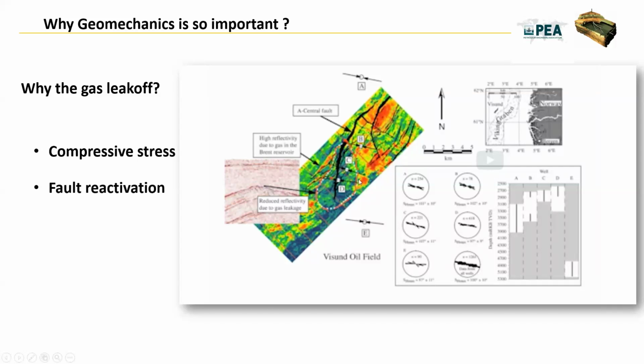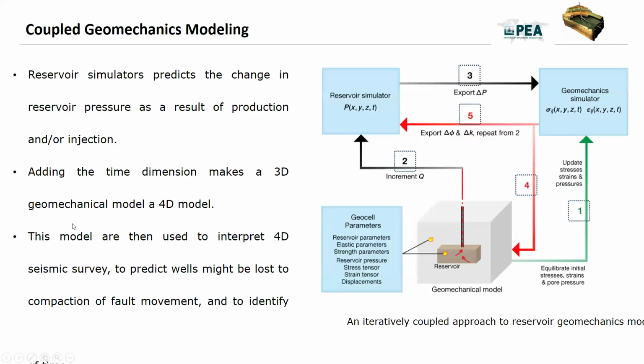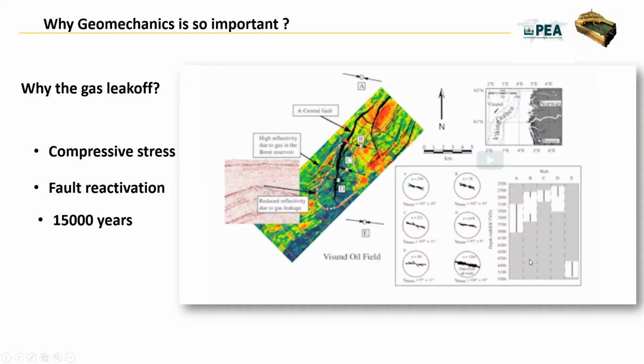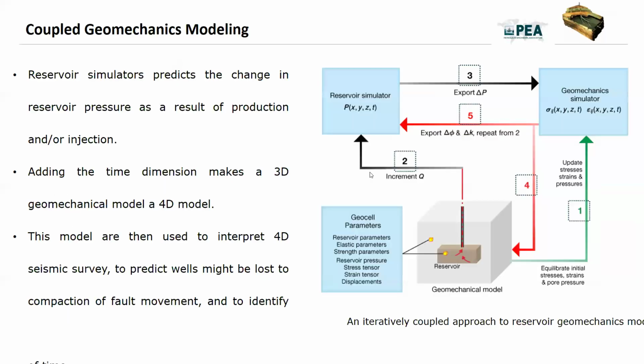This fault reactivation has caused this leak-off, and if you had drilled your well 15,000 years before, you could find hydrocarbons. Here you can see the importance of making geomechanical and stress analysis before going through your field development. I think this is a very important example to show the importance of geomechanics from a practical case study view.